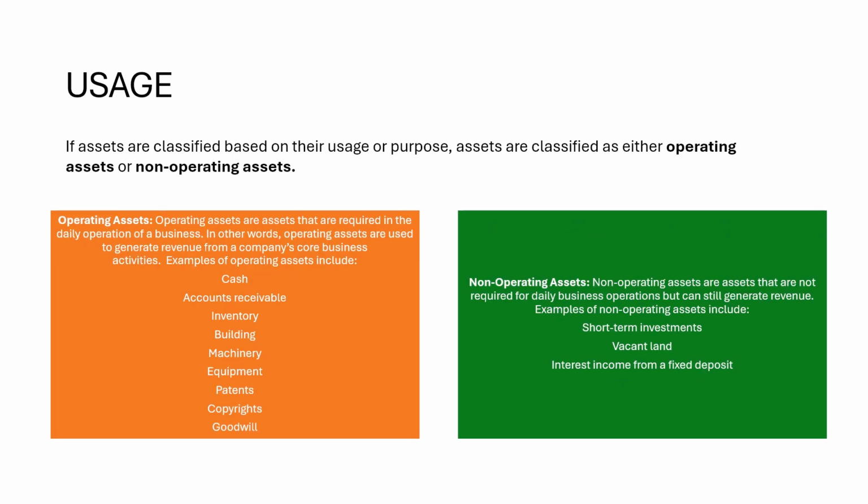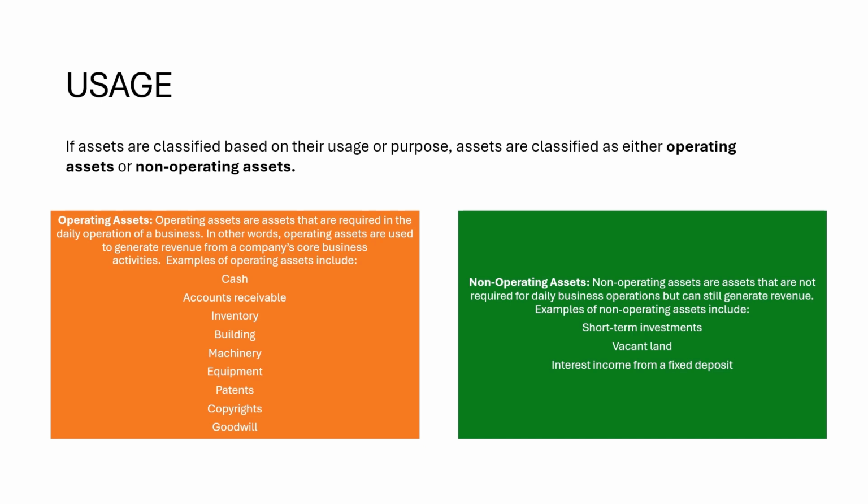By usage, assets could be divided into operating assets or non-operating assets. Operating assets are assets that are required in the daily operation of a business. In other words, operating assets are used to generate revenue from a company's core business activities.